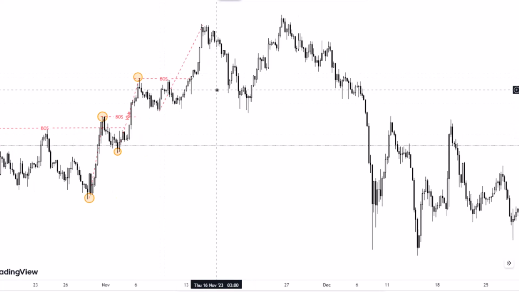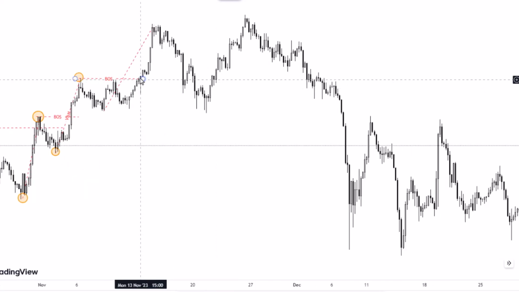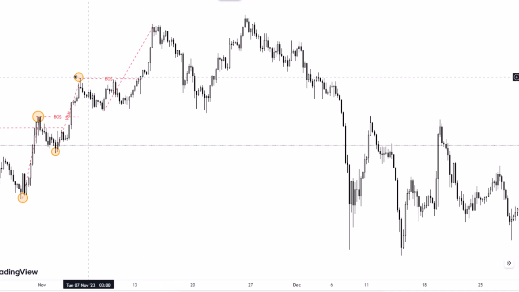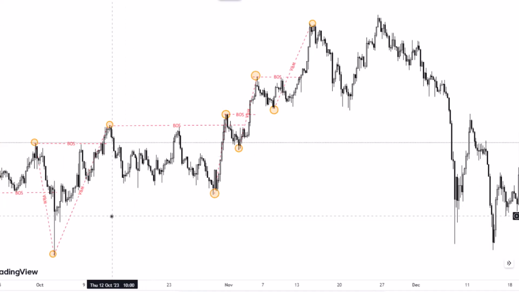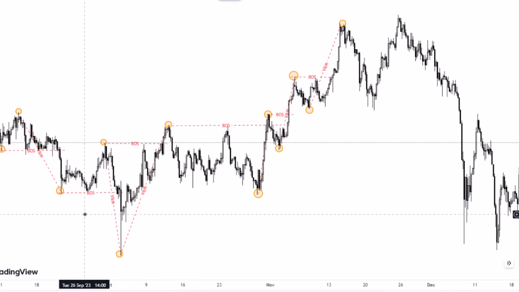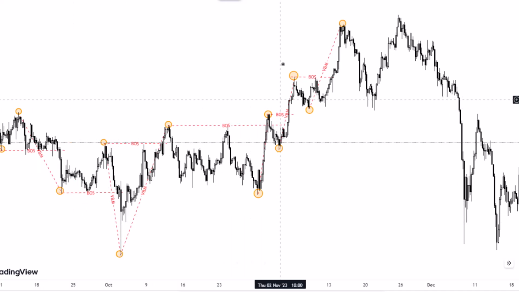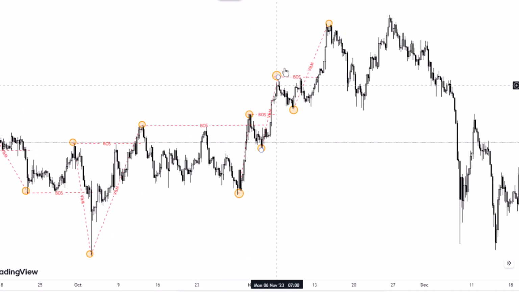If you can see here, this 4-hour candle breaks this structure by closing fully above it. So now, let's mark this level as our structure and this high.